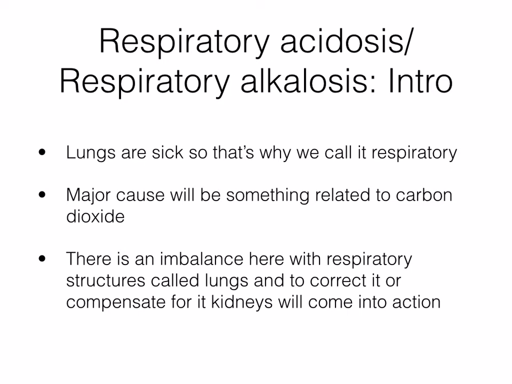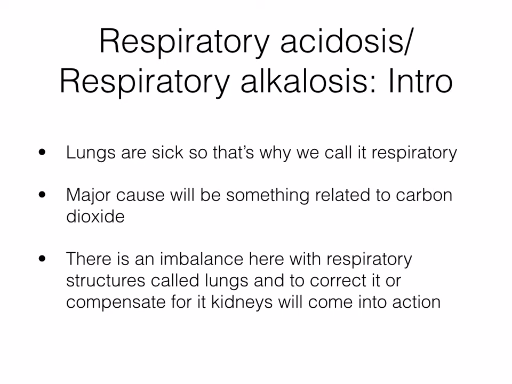There is an imbalance here with respiratory structures called lungs, and to correct it or compensate for it, kidneys will come into action. So anytime the lungs are sick and they are causing respiratory acidosis or respiratory alkalosis, the problem is due to carbon dioxide. And to correct this respiratory imbalance, the compensating organs will be the kidneys, because lungs are unable to compensate for themselves because they are sick.